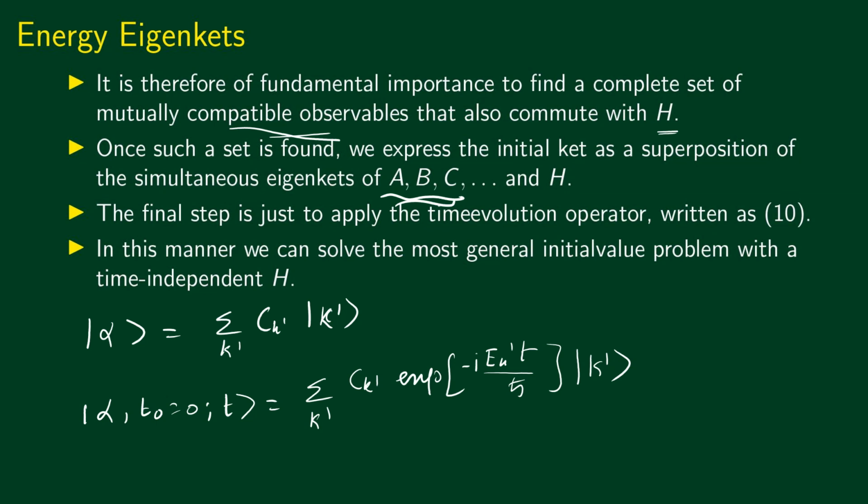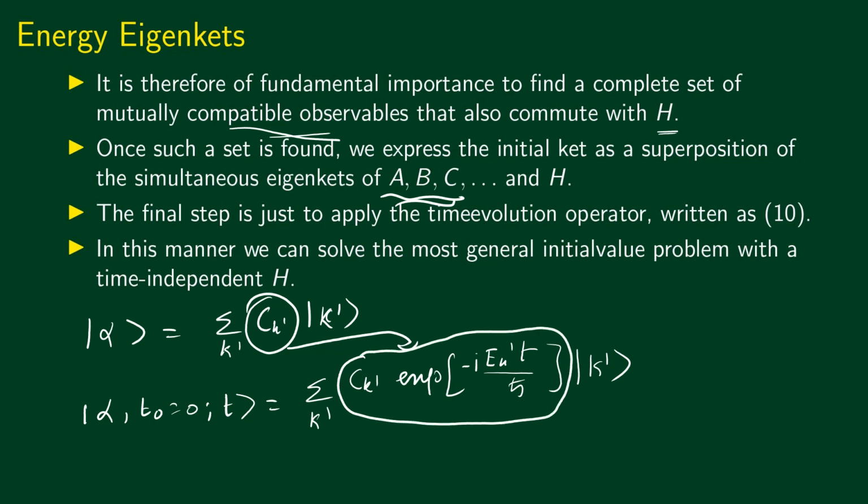So we see that the initial expansion coefficients have been modified in such a way that each expansion coefficient is now multiplied by a phase factor. So the problem of dynamics is completely solved once we choose the correct basis, once we choose a good set of basis vectors.